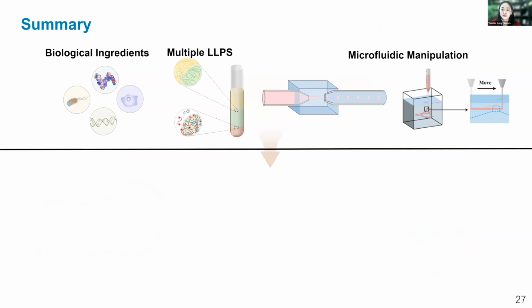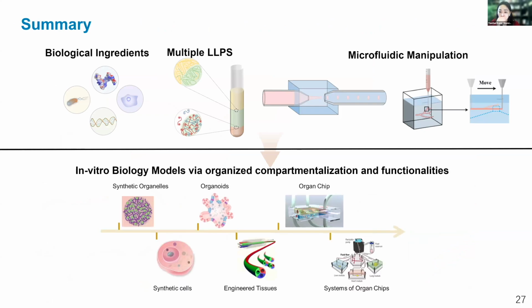By leveraging tailored coacervation, we can form multi-compartmental droplets, build microreactors for biochemical reactions, and engineer perfusable vascularized networks. We envision this powerful synergy will enable the creation of more functional in vitro models and provide deeper insight into more accurate replication of complex biological processes.